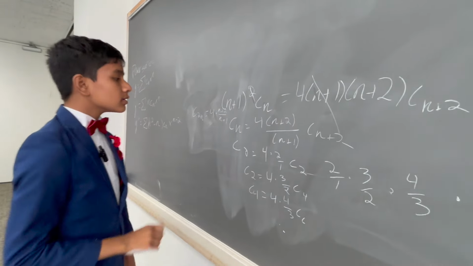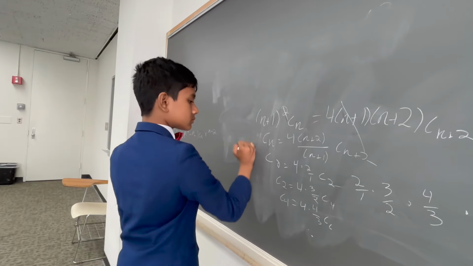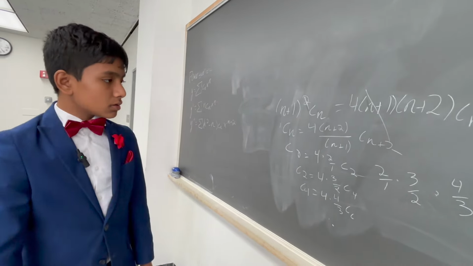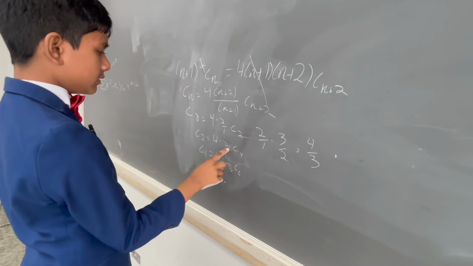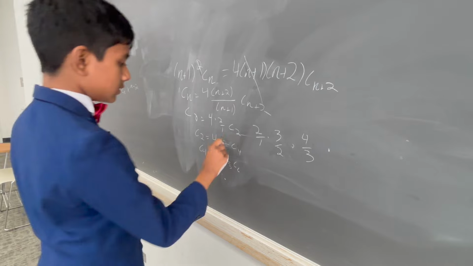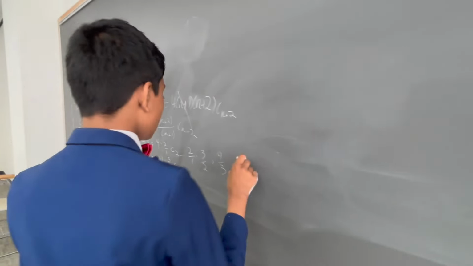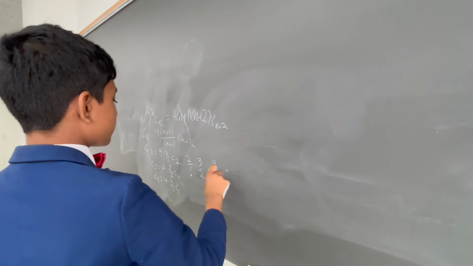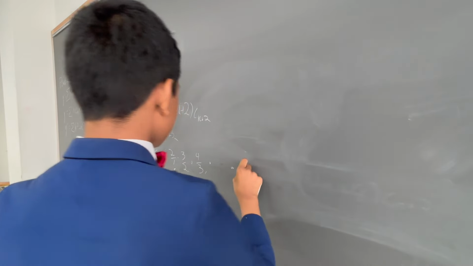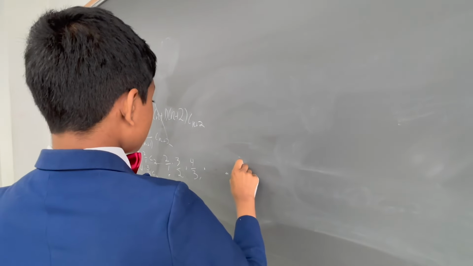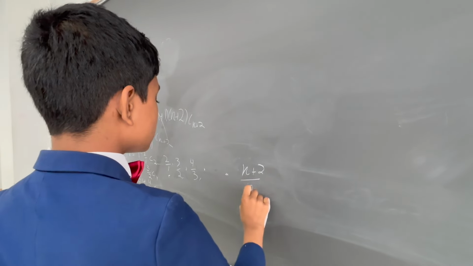Wait a second. So this is not true, actually, I believe. Yeah, it is true. So we have 2 over 1 times 3 over 2 times 4 over 3 times dot dot dot times n plus 2 divided by n plus 1.